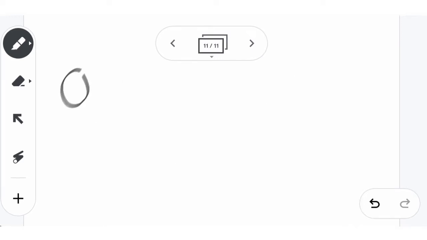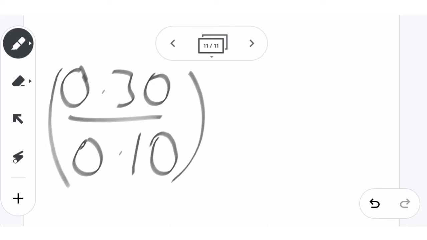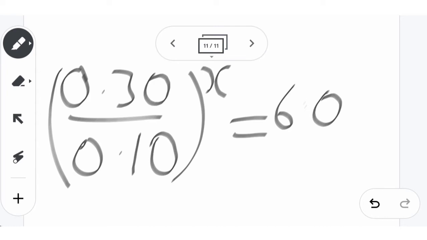A2 is 0.30 over 0.10. Then we have X there. R2, this is R2. Then R3.